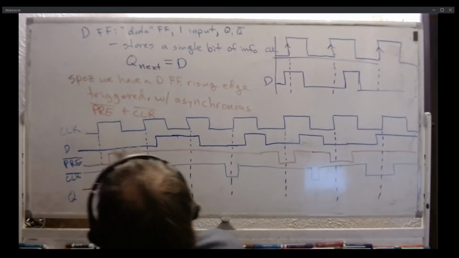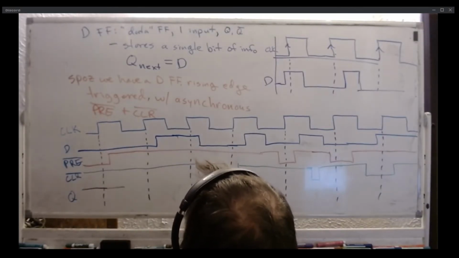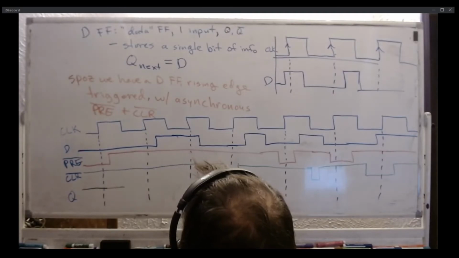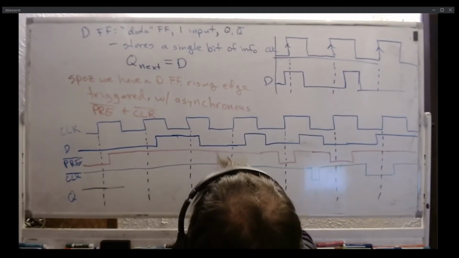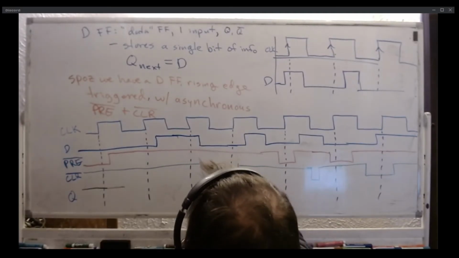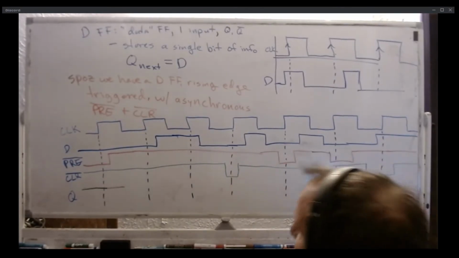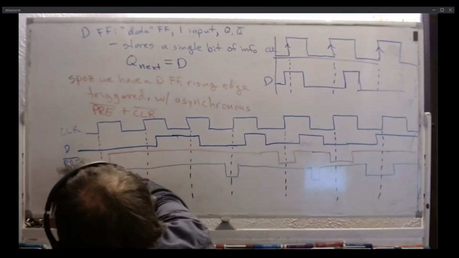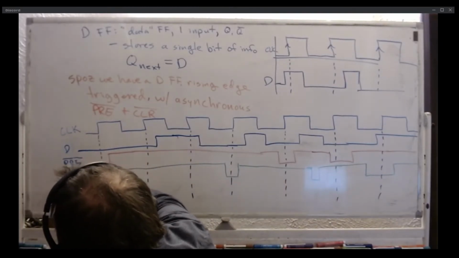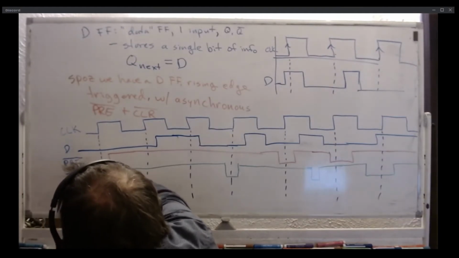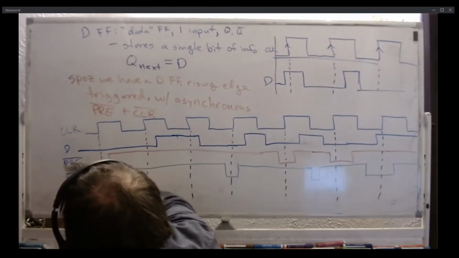Like here, right? Yeah, we're going to get there. But yes, you are correct. If this were clear instead of preset, and this were preset instead of clear, the flip-flop would start off in the low state.